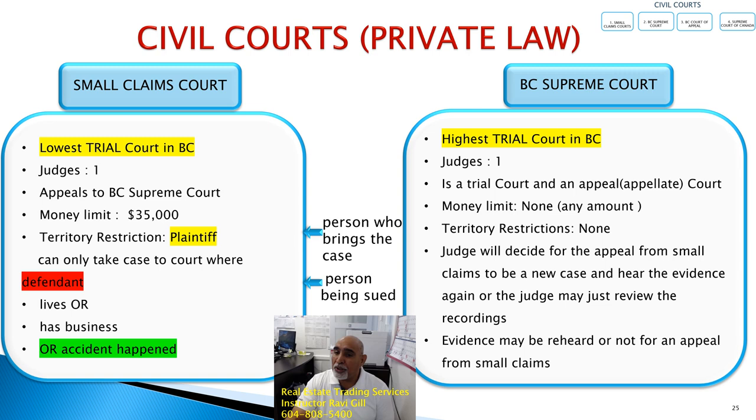It's also an appeal court because if someone is not happy with the outcome of a small claims decision, they can appeal, and the appeal will go to the BC Supreme Court. Another thing about the appeal from small claims to BC Supreme Court is that the judge can decide either to treat this as an appeal or treat this as a brand new case.